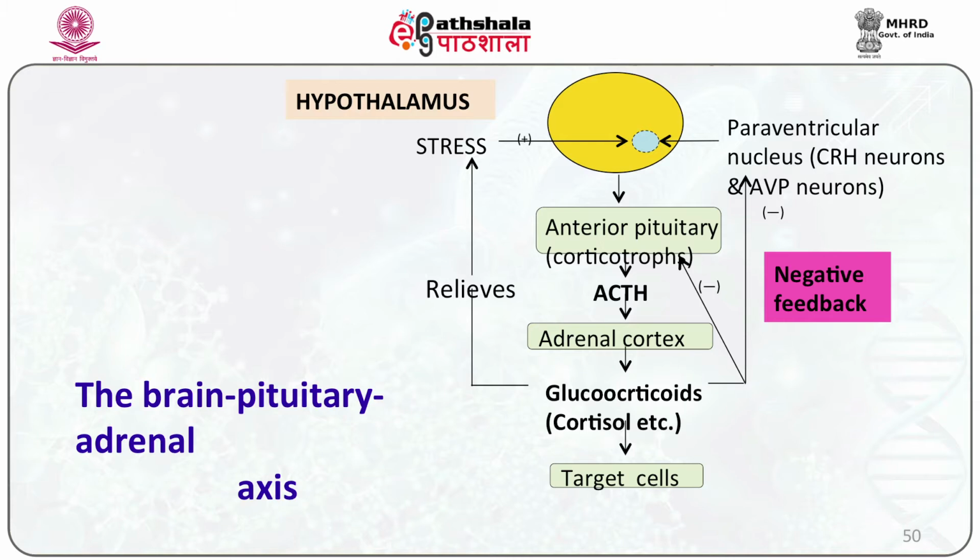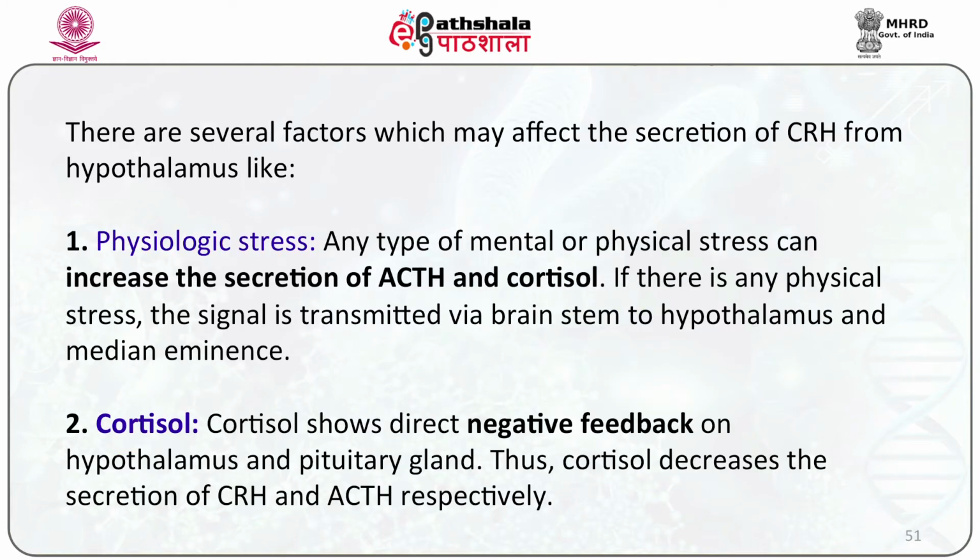Now, let us talk about some factors which affect the CRH secretion from the hypothalamus. There are several factors which may affect the secretion of CRH from the hypothalamus, like physiologic stress. Any type of mental or physical stress can increase the secretion of ACTH and cortisol. If there is any physical stress, the signal is transmitted via the brain stem to the hypothalamus and median eminence.